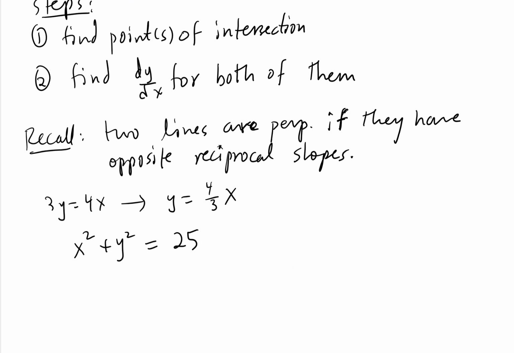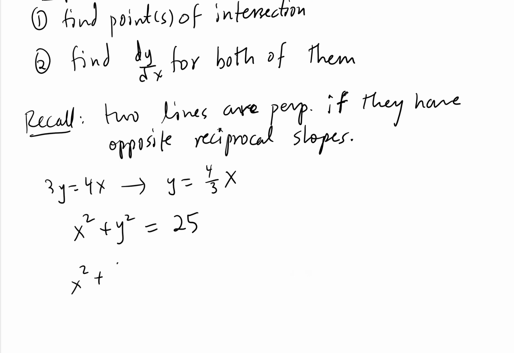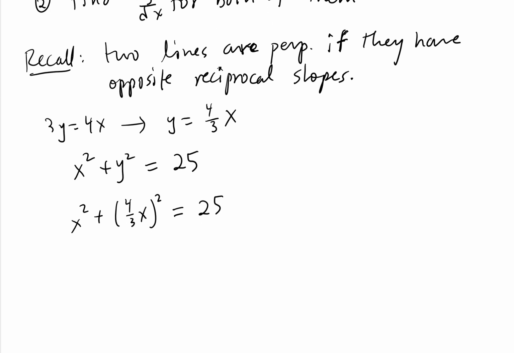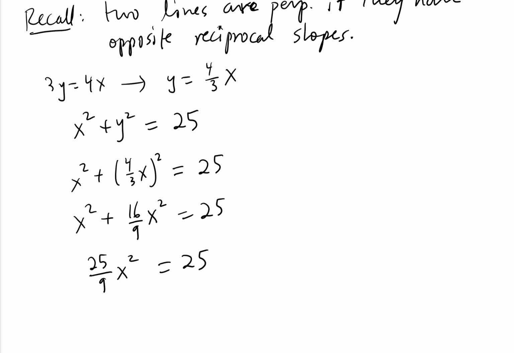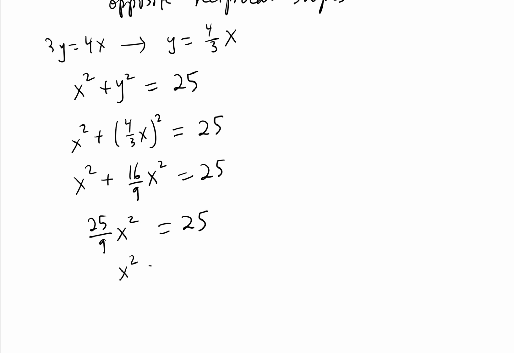Let's see what we get. x squared plus (4/3 x) squared equals 25. x squared plus 16/9 x squared is 25. Add them together, you get x squared is 9, so x is plus or minus 3.